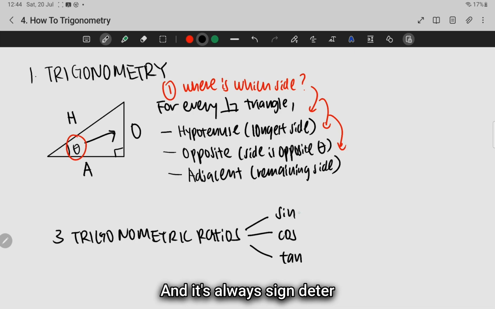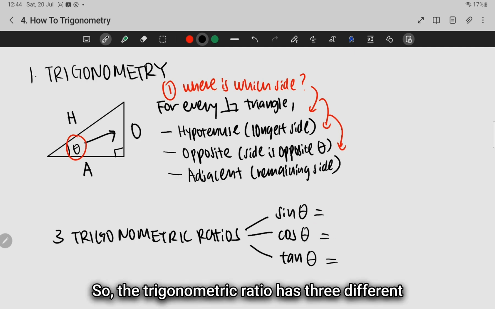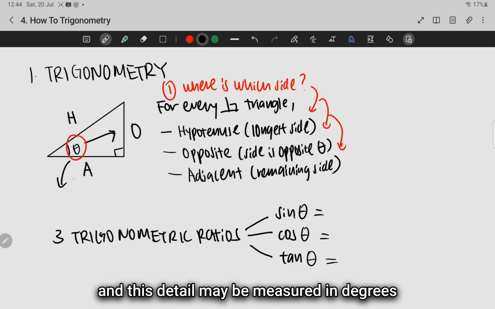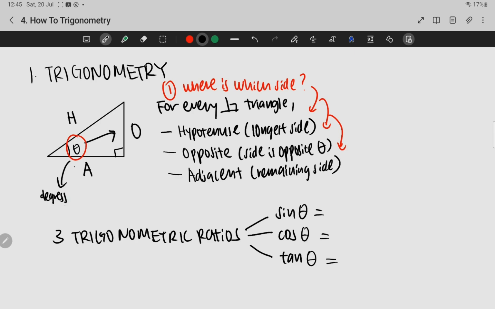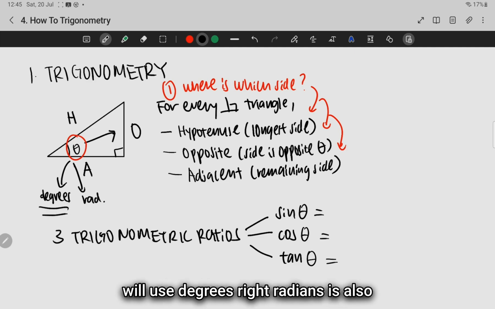It's always sine theta, cosine theta, tangent theta. So the trigonometric ratio has three different kinds, and they all take reference to the theta. And this theta may be measured in degrees or radians. But most commonly we will use degrees.